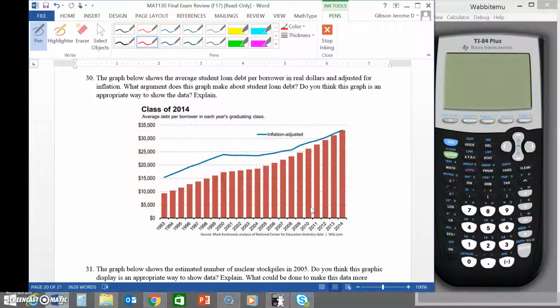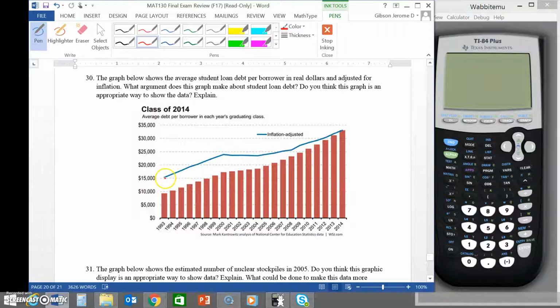Now this graph is not really complex, but we did cover this in class. We could tell that this is misleading data, especially with the inflation adjusted line here. Yes, it is recognizing that there is some inflation, but it's not taking other factors into account. This makes the graph look higher than what it actually is, as far as the difference in how much each is valued.